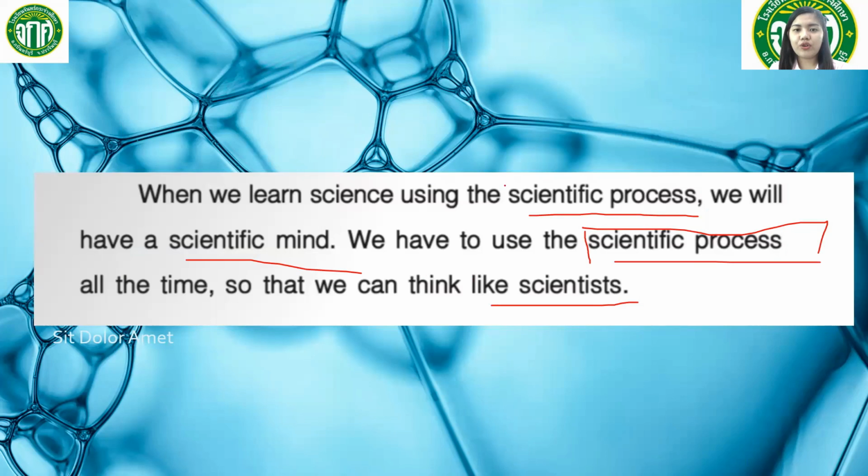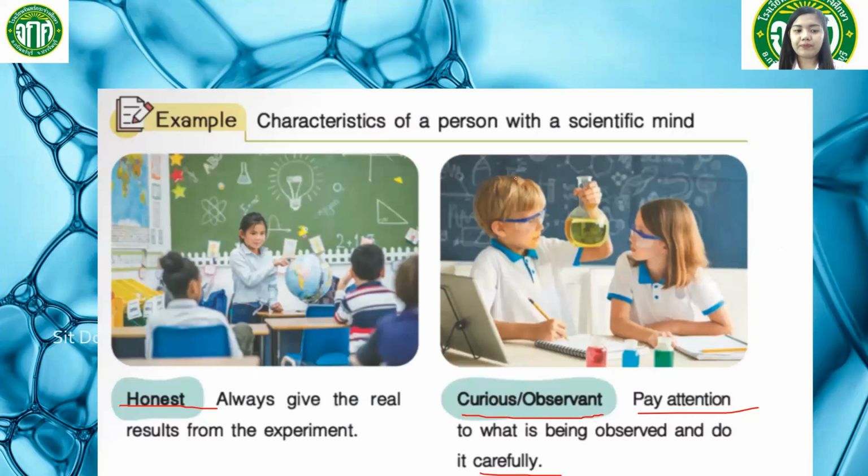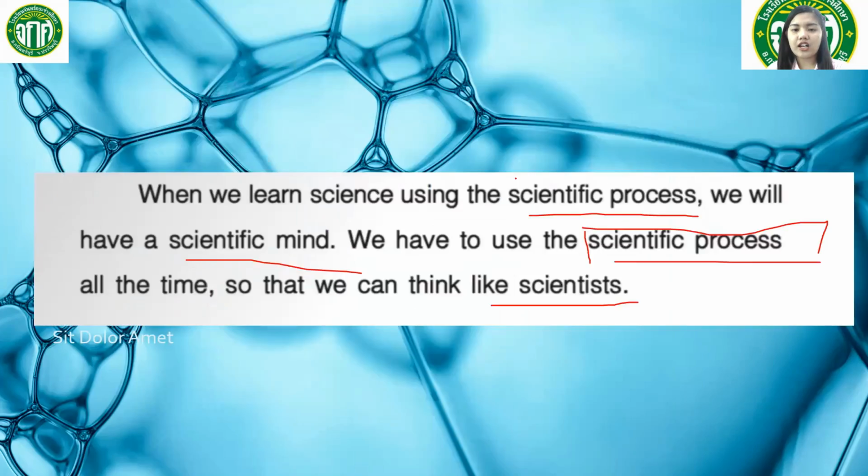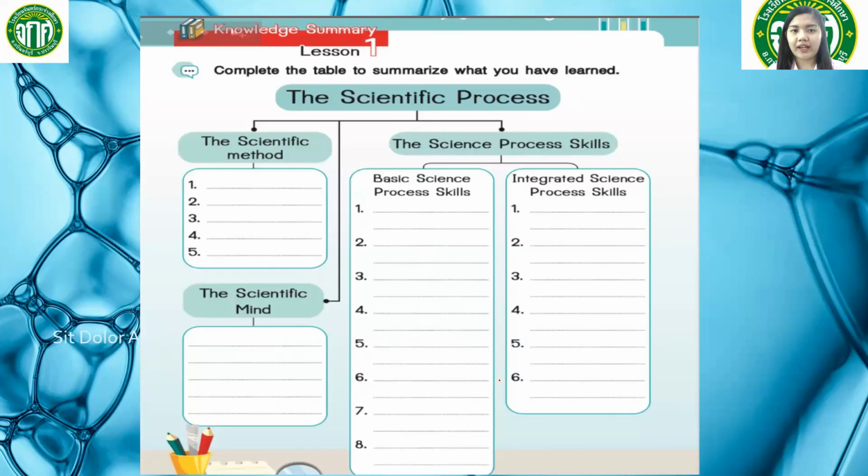If you are thinking like a scientist, you should have these traits: being honest, being curious or observant, determined, and eager to learn. Those are the traits of having a scientific mind.